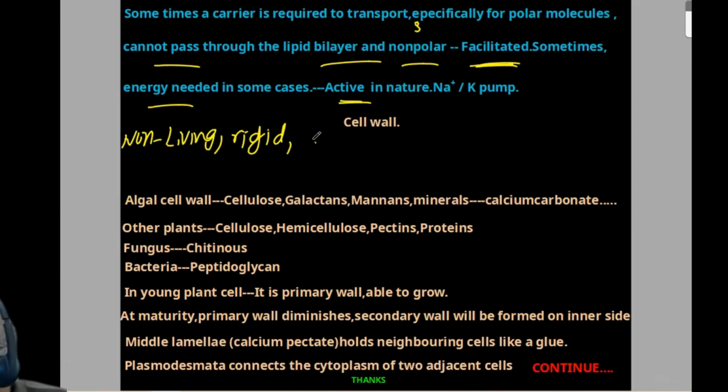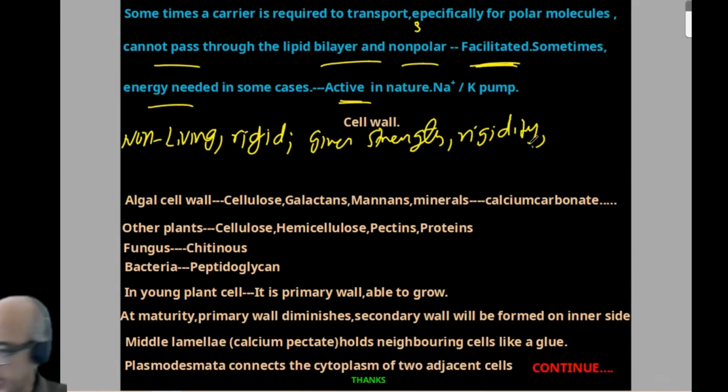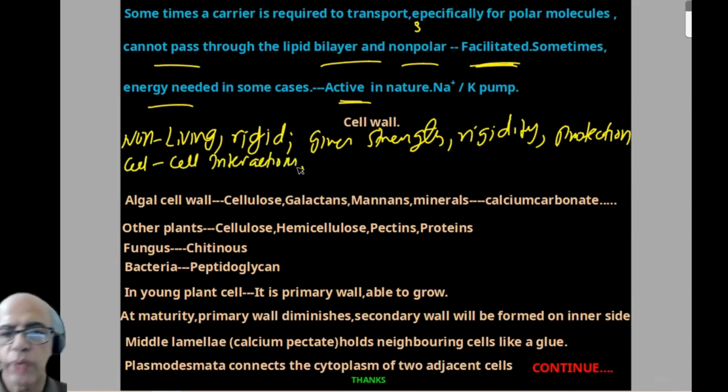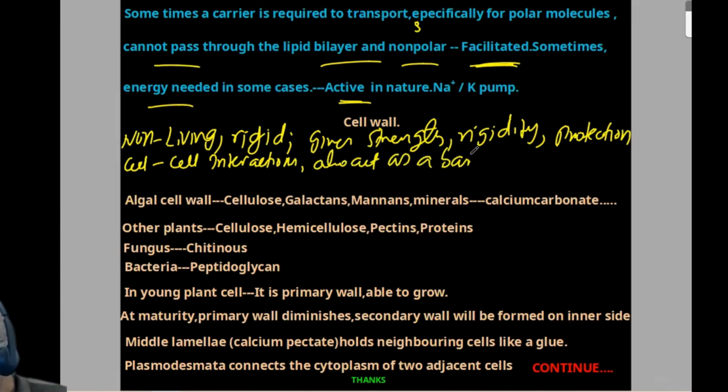Functions include: it gives strength, rigidity, and protection, since it is the outer layer. And cell-to-cell interaction through the cell wall. It also acts as a barrier. So each structure has got functions.